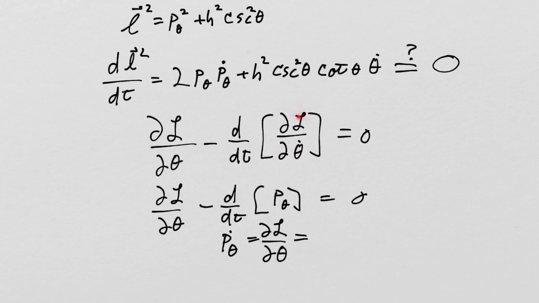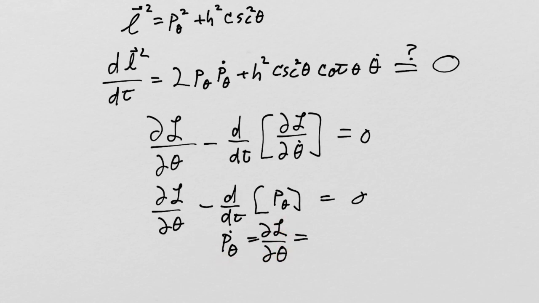So, but this is equal to the canonical momentum, right? This part of the Euler-Lagrange equation actually is the canonical momentum. So I write it this way. Now I can write it as the time derivative of the canonical momentum equals the partial derivative of the Lagrangian with respect to the associated generalized coordinate, which in this case is theta.